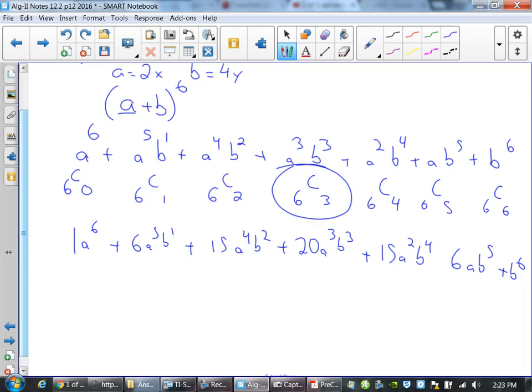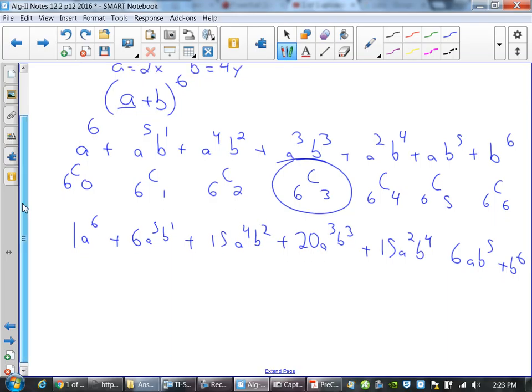And now you know what your A and B values are. So now you substitute those in. A was 2x, B was 4y.